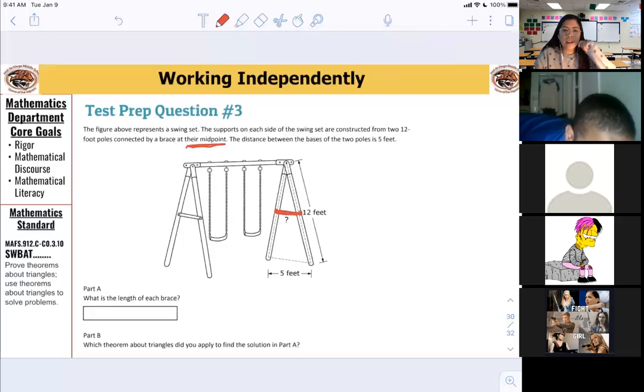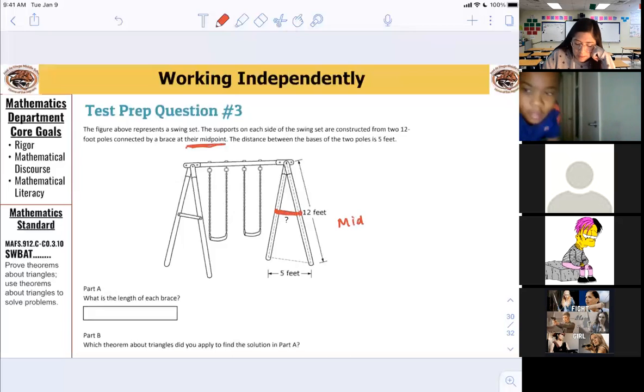So what does that make that brace? Mid what? Mid-segment. So what is the length of each brace?